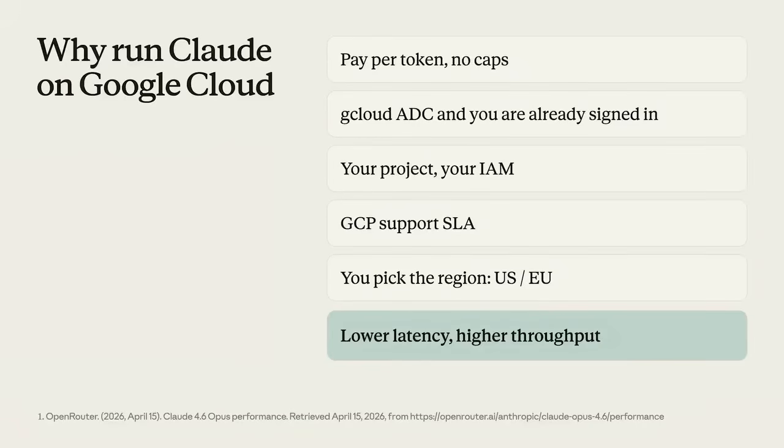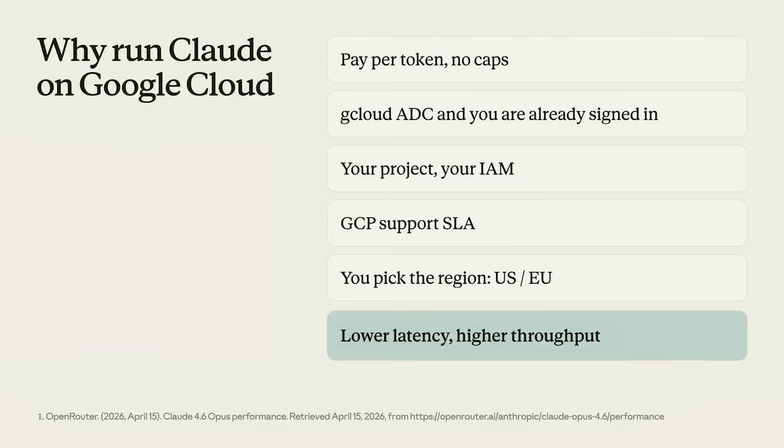Nothing changes with respect to your environment. You don't need any API key to store or rotate or anything of this sort. You get access to models directly from your dedicated project where you can set your own policy, and the data that you use during your session remains in that project. And models are served in multiple regions, so they can be global or multi-region endpoints for high availability.